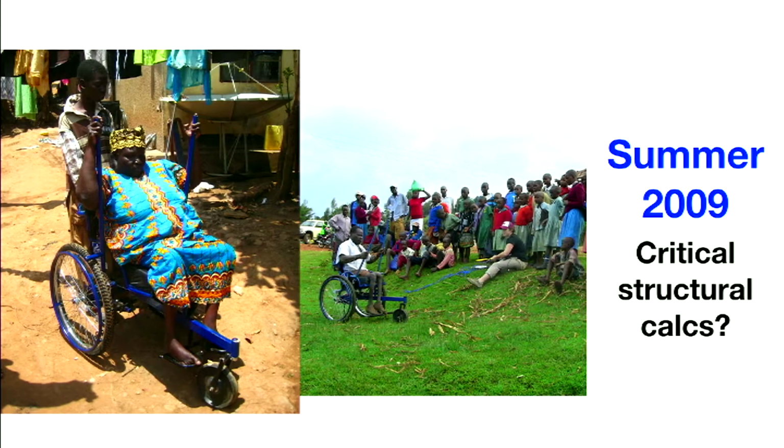Okay, another interesting machine design question. What do you think is a critical structural calculation in this design? I want you to think of both what would break, but also how it could affect somebody. What is a load calculation that you'd want to do?